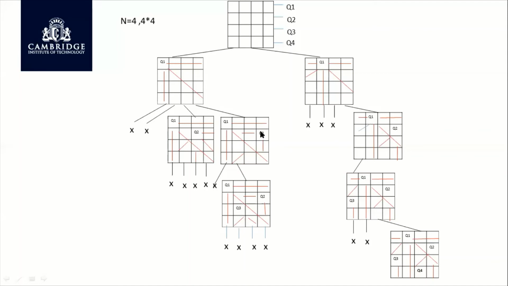By placing queen 2 in column number 4, I was able to find a position for queen number 3. So this is a partial solution. We proceeded from there. Now here I added component number 3, which is queen number 3. By placing queen number 3 in the second column, I find that I'm not able to find a position for the fourth queen, which means this also does not lead to a solution.